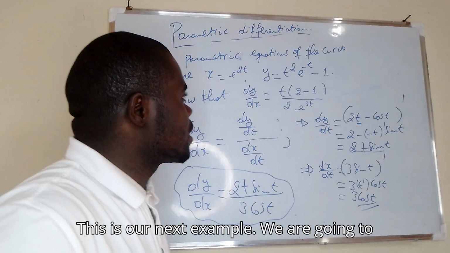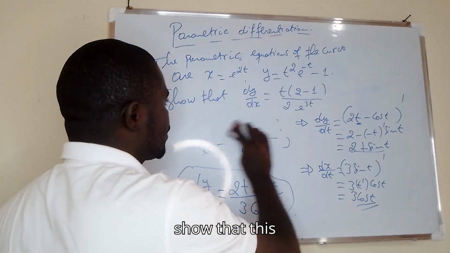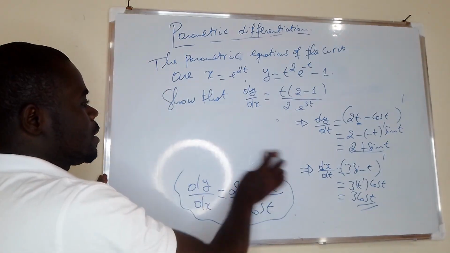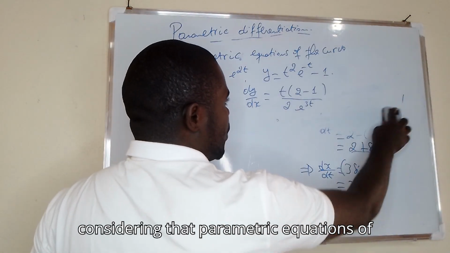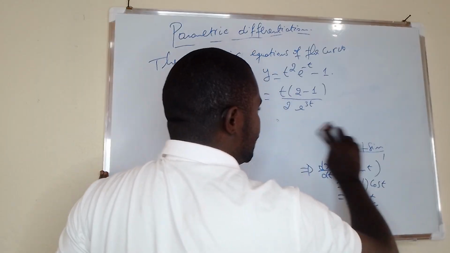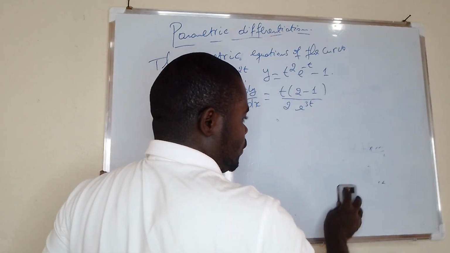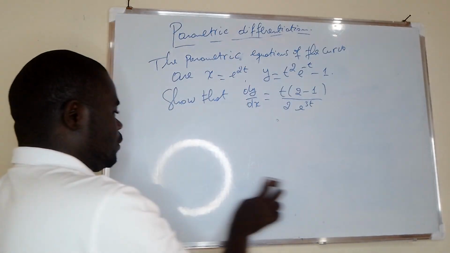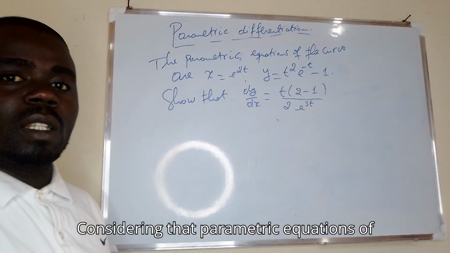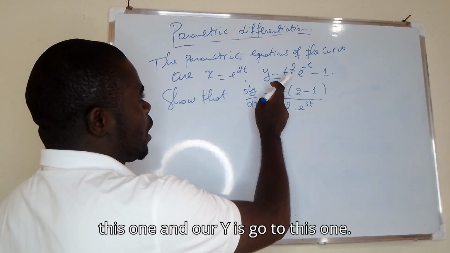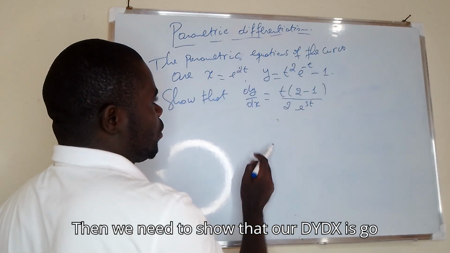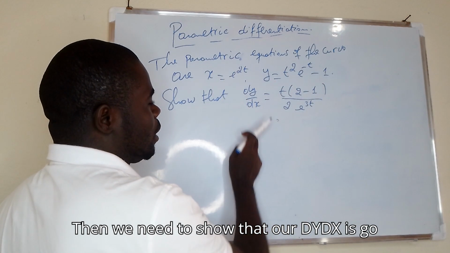This is our next example. We are going to show that this dy/dx is equal to that expression, considering the parametric equations of the curve, where x is equal to this one and y is equal to this one. Then we need to show that dy/dx is equal to this.